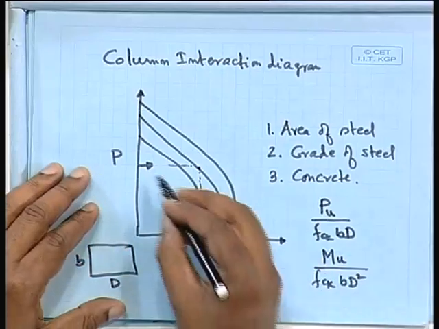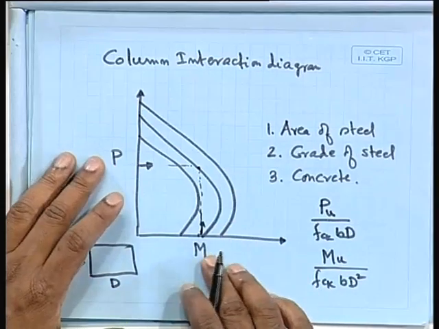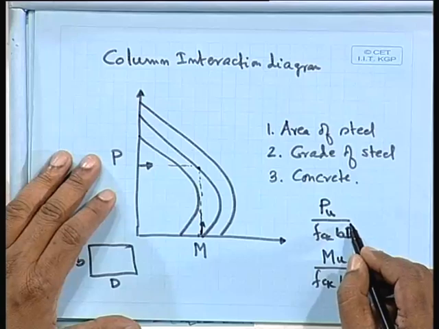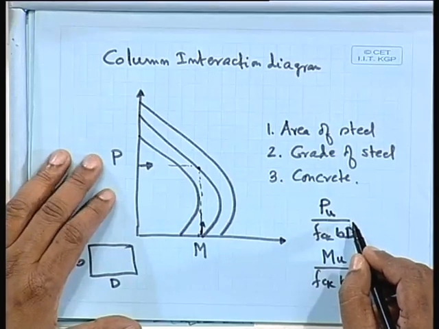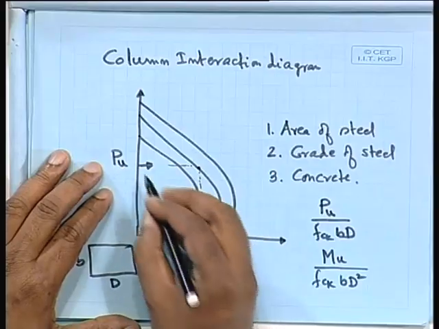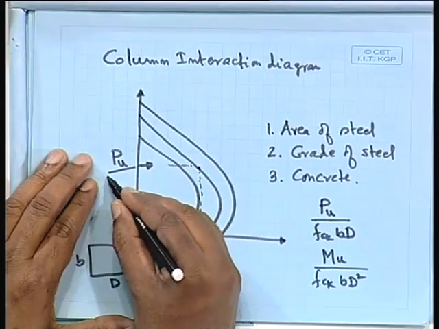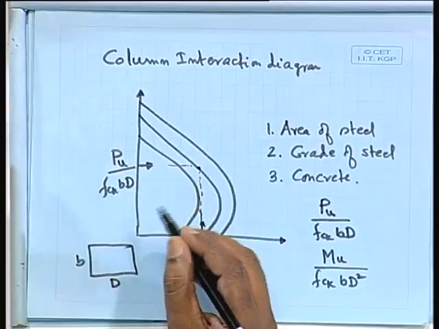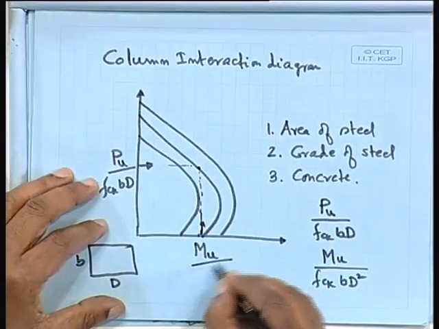Because this becomes non-dimensional, that is preferable instead of having some absolute value. So, this diagram we prefer, instead of giving P and M, we give it as PU by FCK BD, because then you can use it for any FCK, and MU by FCK BD square.